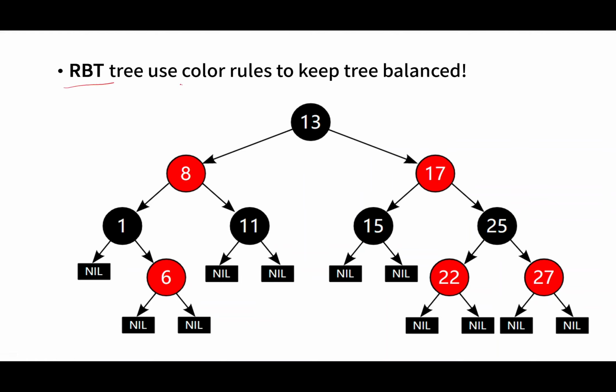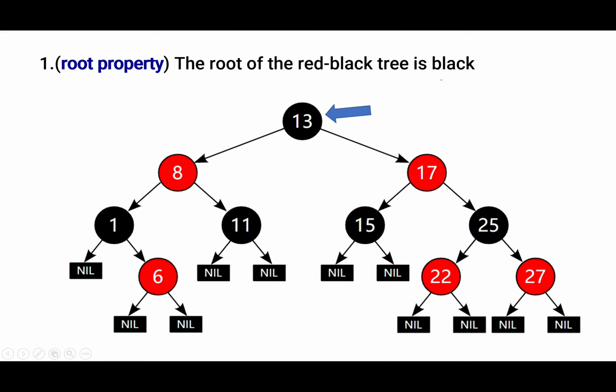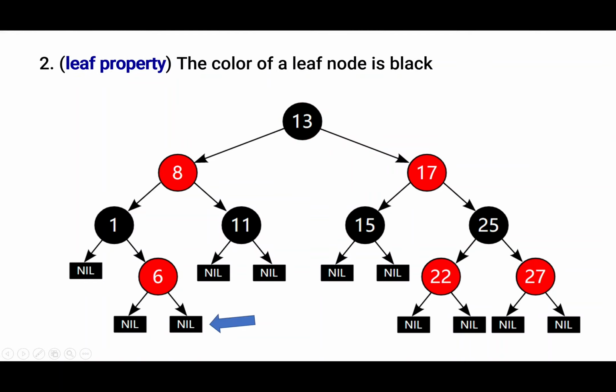RBT tree uses color rules to keep the tree balanced. What are color rules? For RBT tree, there are 4 properties related to the color. The first property is root property. That is to say, the root of the RBT tree is black. Leaf property.